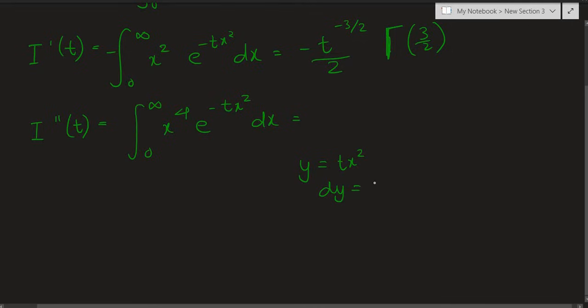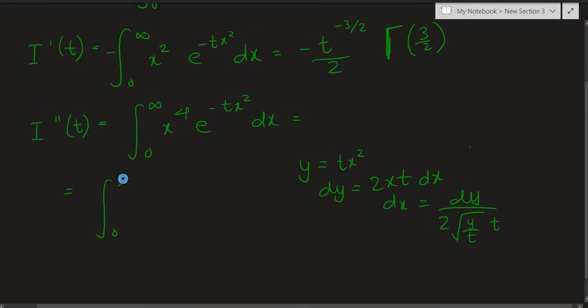So dy is again naturally 2xt dx. So dx is dy over 2 times x, which is square root of y over t, times this straight t, and everything else is in order, right?